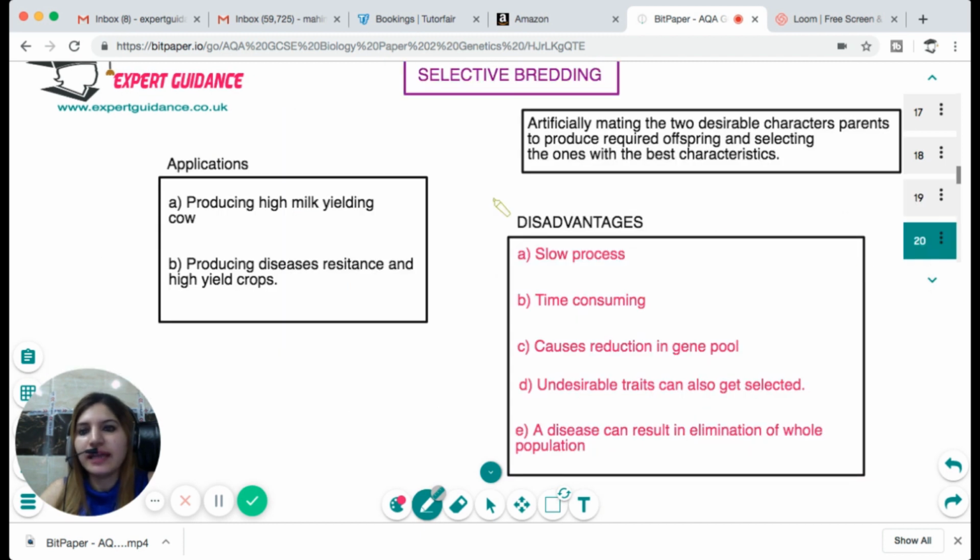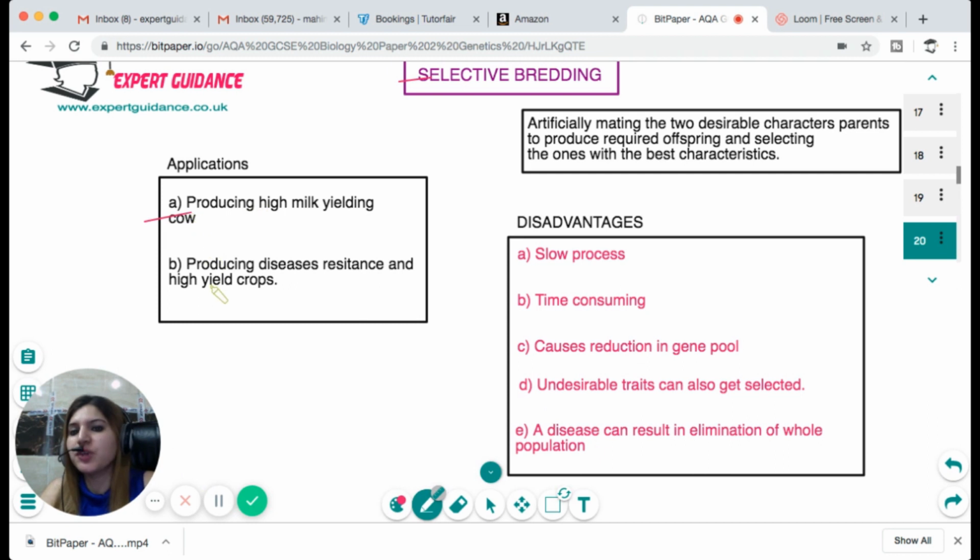Okay, now let's take a very important term called selective breeding. Selective breeding is what has been done since ages, where we artificially mate two parents with desirable characteristics to form the required offspring, and then we select the one with the best characters. For example, we can produce a high milk yielding cow.